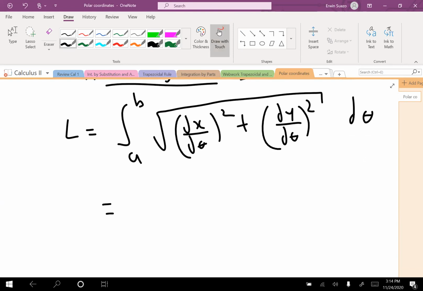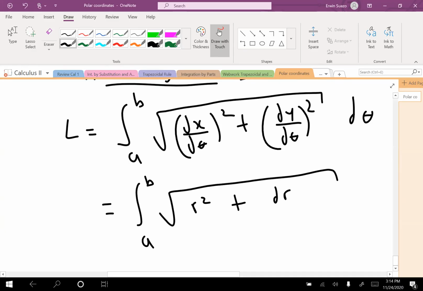Then I'm going to give you another formula that is similar, so it's something you could use to save time. It will be the integral of the square root of r squared plus dr d theta squared, d theta.